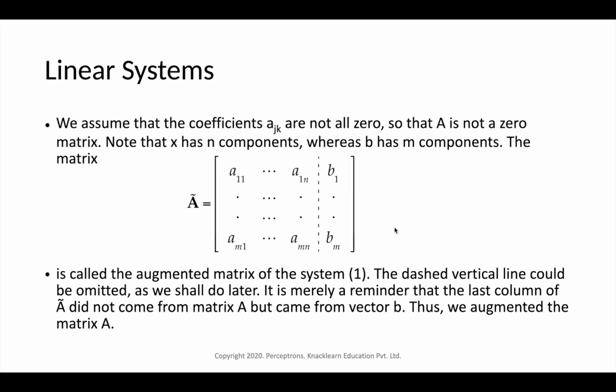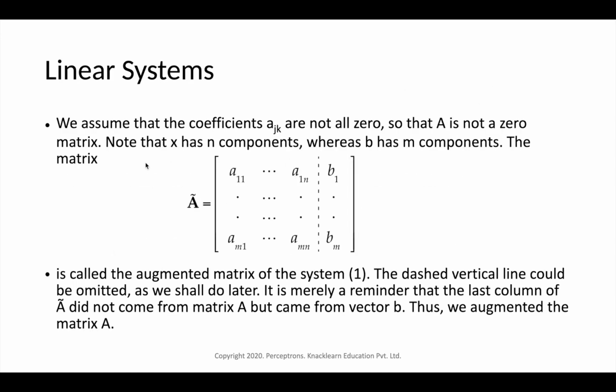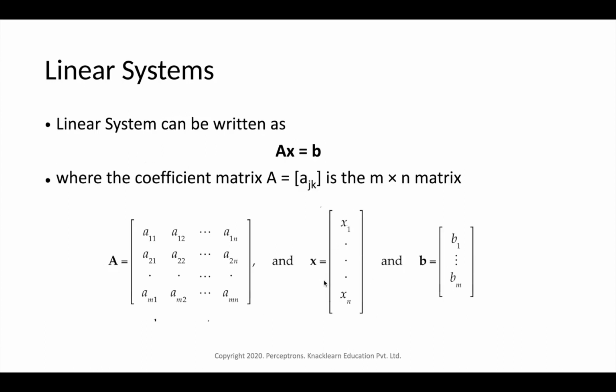Here we assume that the coefficients a_jk are not all zero values. If all values are zero, we will not be able to find any solution. The other thing we notice is that x has n components, matching the number of columns of A, and b has m components, matching the number of rows m of A. So b should match with the row value and x should match with the column value.